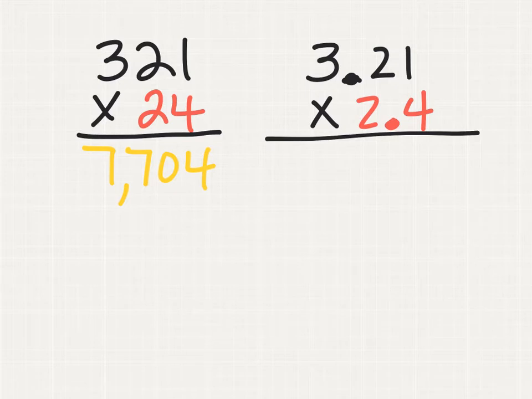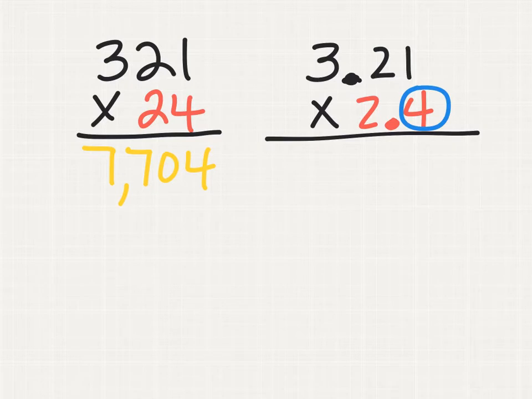The multiplication of these two factors will look identical to the multiplication of the two whole number factors you multiplied earlier. 3.21 times 2.4 is going to give you a result that looks very similar to the one that you got a moment ago. And let me show you how this works.